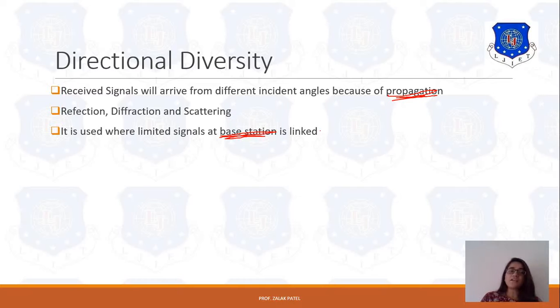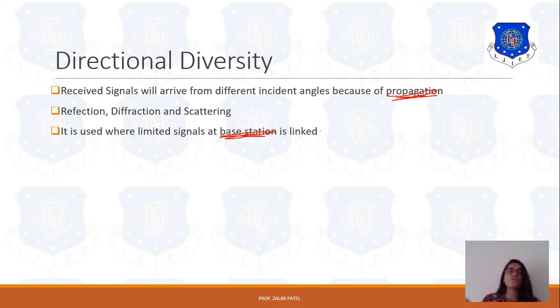At that time it is necessary to direct our system in a particular way, and to do so there should be some directional antennas added at the receiver side. The role of a directional antenna is to provide the base station with several links, giving a specific or user-defined pattern in a given direction.